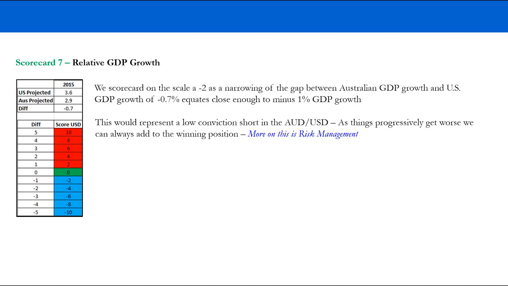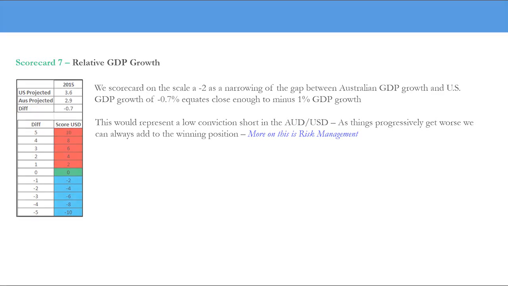We're scoring a deflationary relative situation for Australia, because the real GDP growth in Australia relative to the United States is narrowing, and we've got a minus number. That's deflationary for Australia, and that means we're looking to short or have a short bias in the instrument Aussie dollar, US dollar, because this represents as an instrument our relative view on the Australian and US economies.